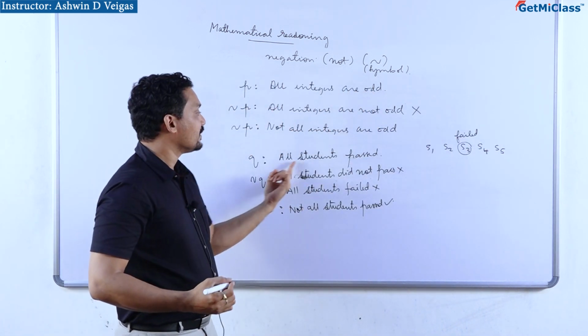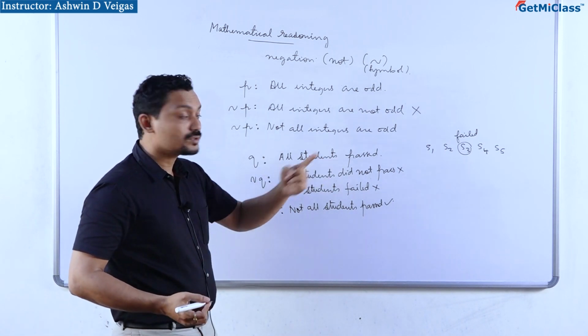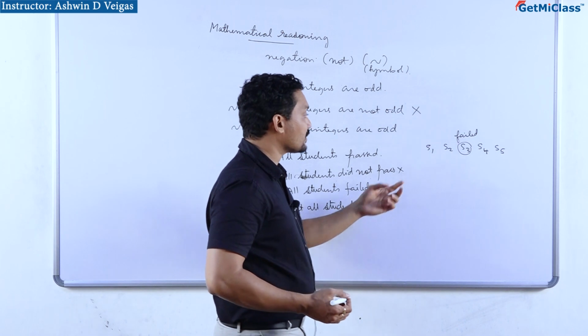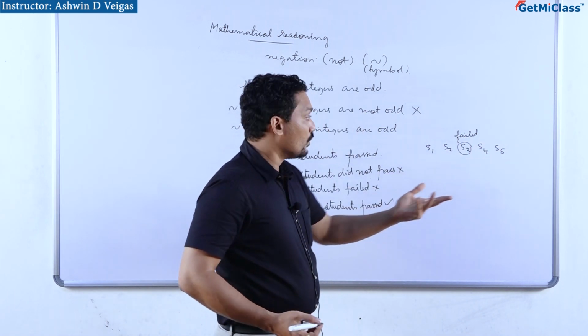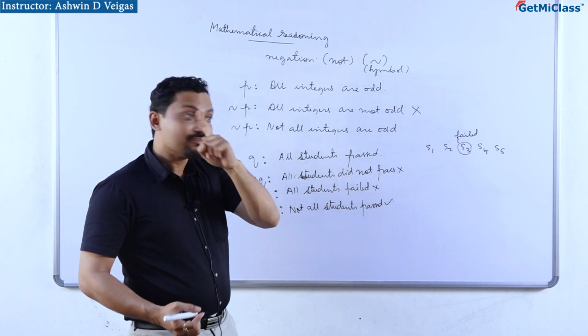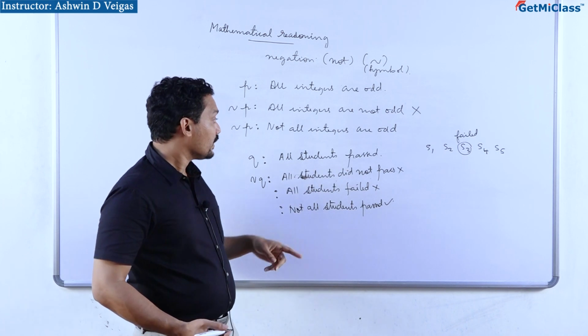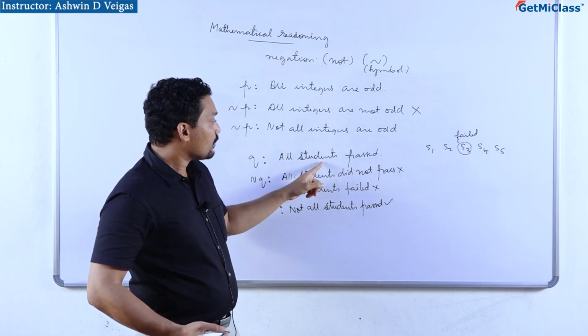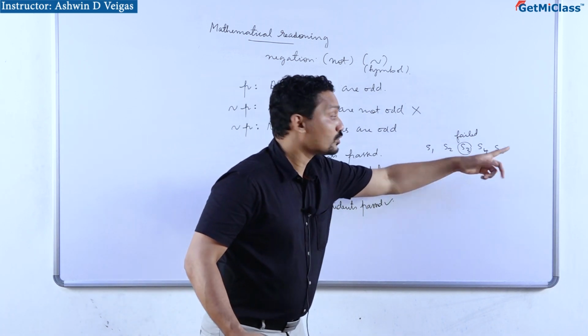Immediately this statement will become false, because I said all students have passed, which means S1, S2, S3, S4, S5 all have passed. Even if one student fails, this statement becomes false. That is why, to make the statement all students passed false, there is no need that all students should fail.